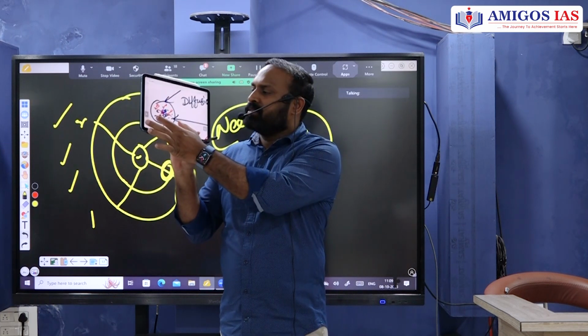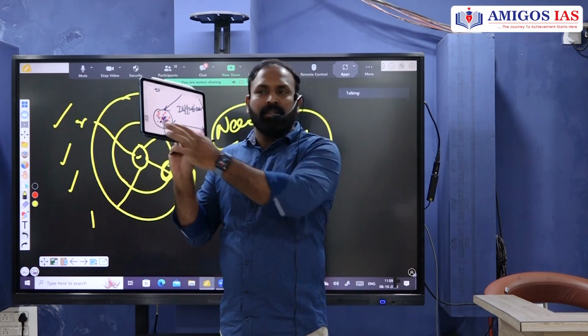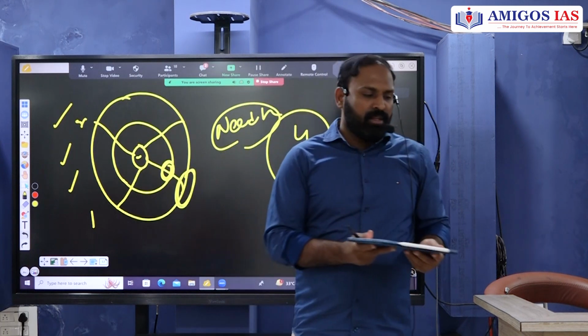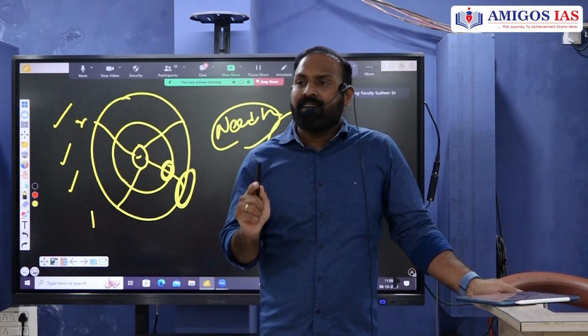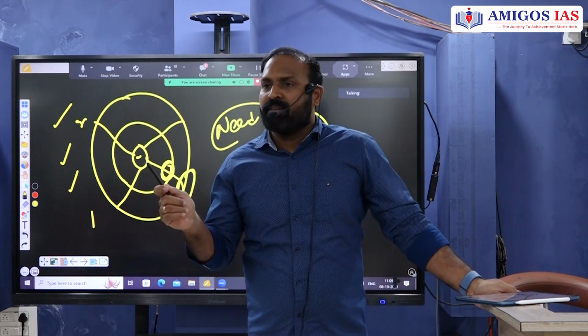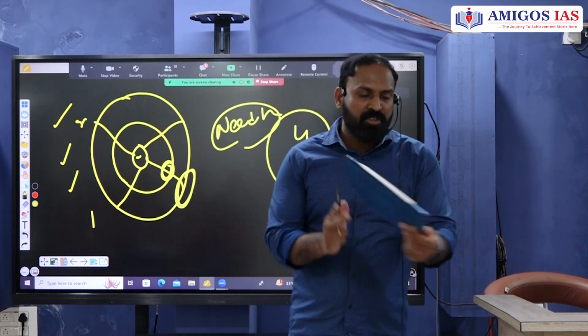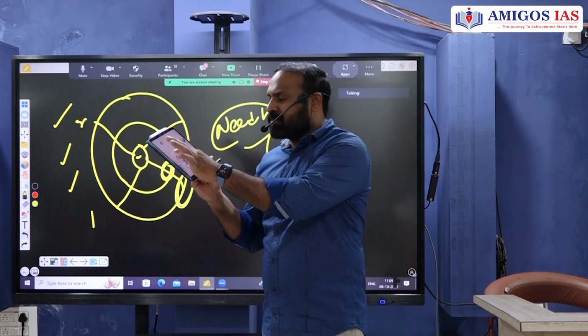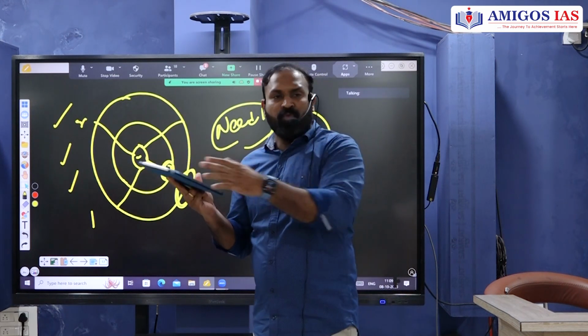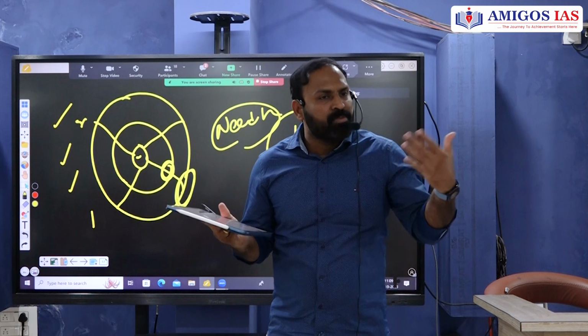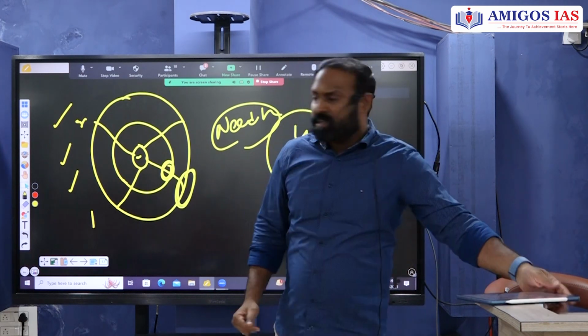Is it relevant? You should understand, do not draw diagrams just for the sake of drawing. Diagrams must be legible and meaningful. If this is how you're drawing the diagram, the examiner doesn't understand anything. With a diagram, I'm explaining a concept to the examiner.